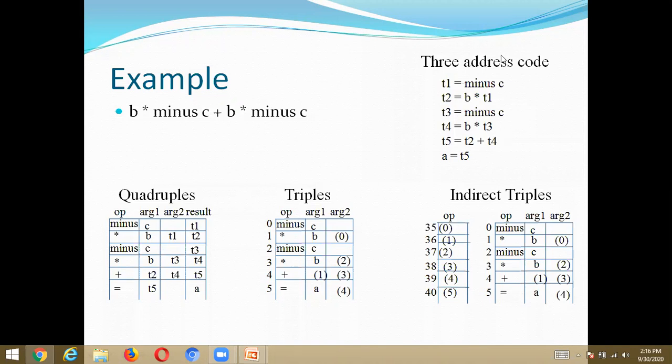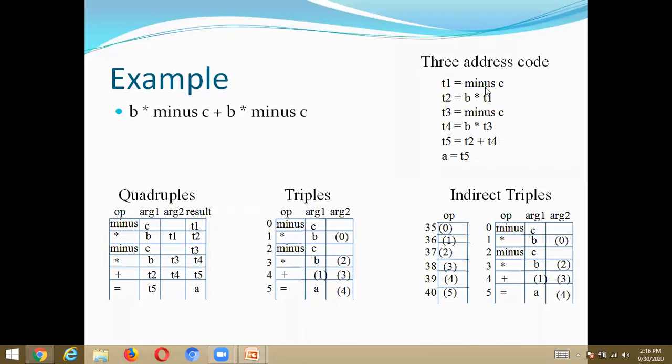This is the main thing that we need to do after taking the input as an expression and writing the translation statements for the three address code. Then in statement number 1, the operator is minus, and there I am not having any operands, only one operand is there. So I am considering that operand as argument 1.